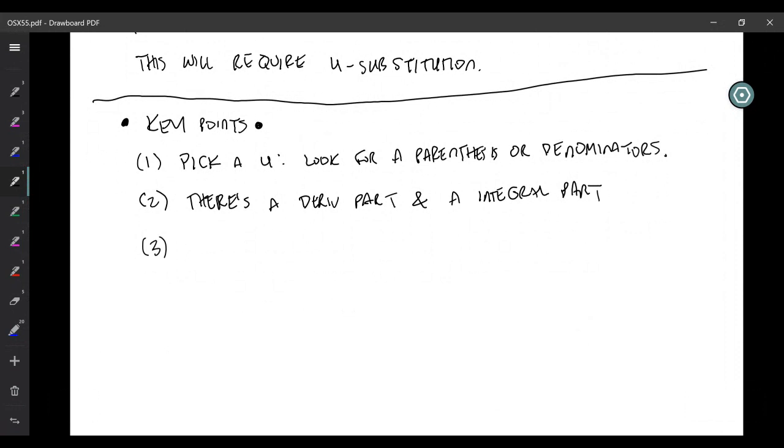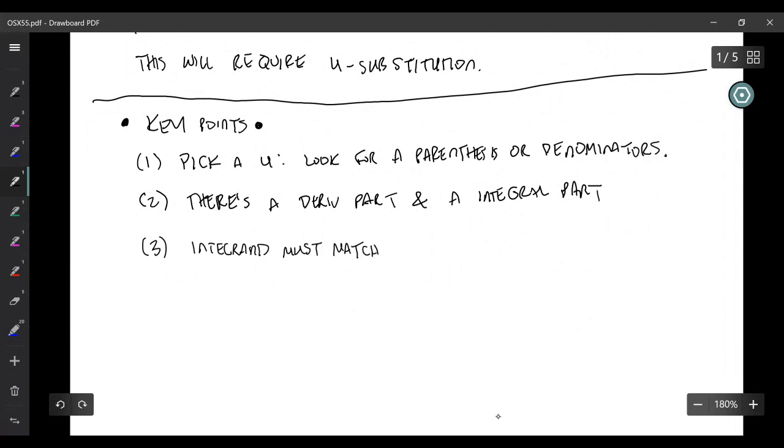All right. The next thing is when you do integration, you're going to end up with a mixture of 2 or more different variables, just like with optimization. Only one is allowed.